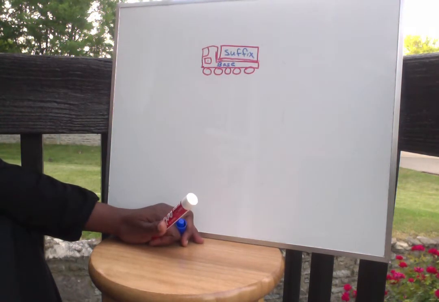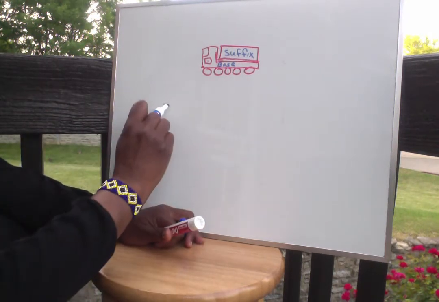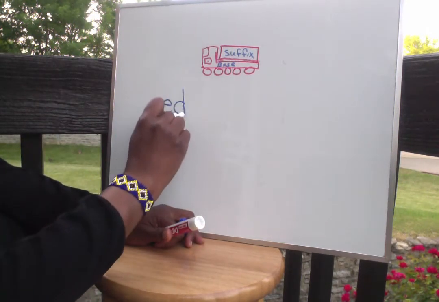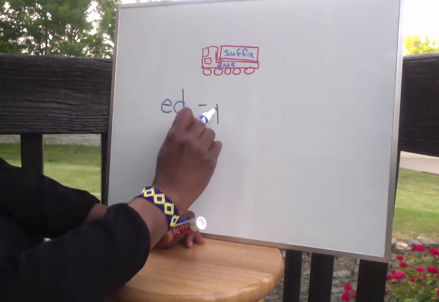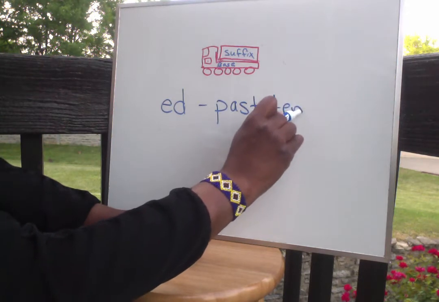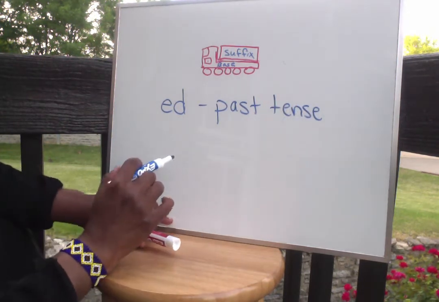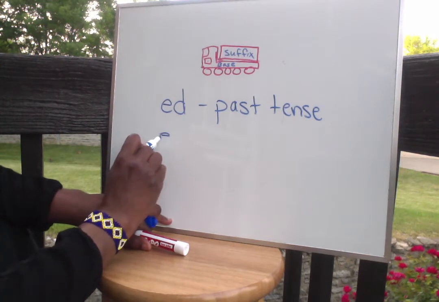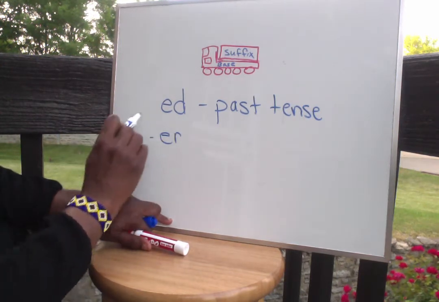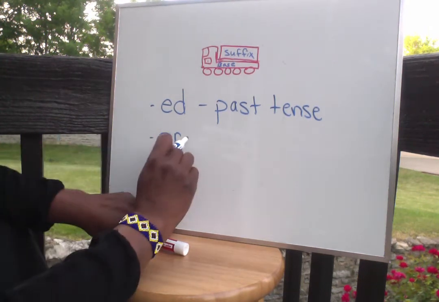Okay? Some very common suffixes are ed, and you know that ed shows past tense, something that has already happened. Okay? The suffix er has two meanings.